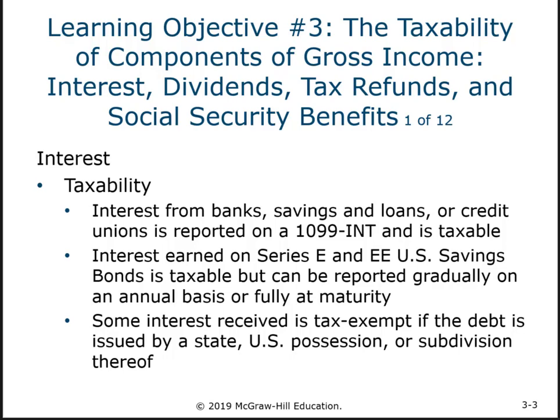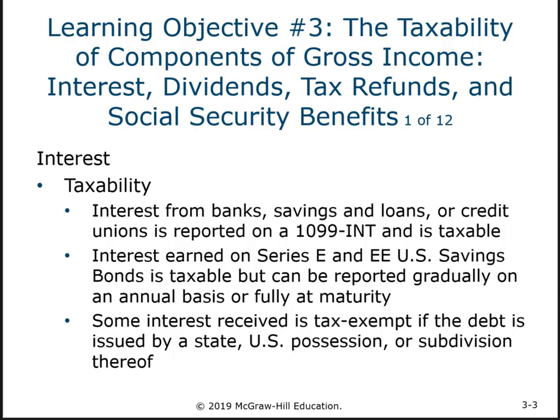For instance, Series E and EE savings bonds. Okay, it's taxable, but it can be taxed over time, even if you haven't received it, or you can choose to have it taxable all at once at maturity. There is interest that is tax exempt.